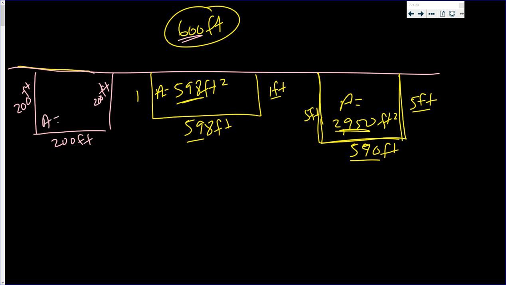Well, this area is going to be 200 by 200, which is 40,000 square feet. 40,000 square feet. Way bigger than less than 1,000. Way bigger than just under 3,000. And you know what? It's the same 600 feet.